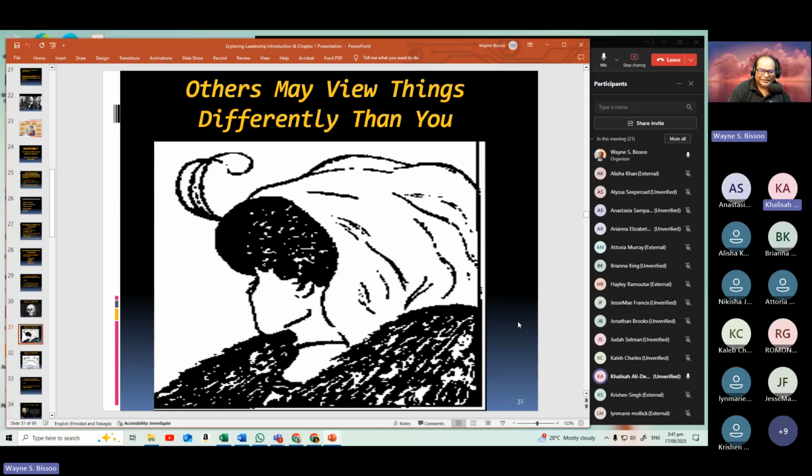I don't know. Is she looking down or looking back? What direction is she looking? I think she's looking straight ahead, forward. Does she have a long chin or a big nose? What does she have? I don't know.